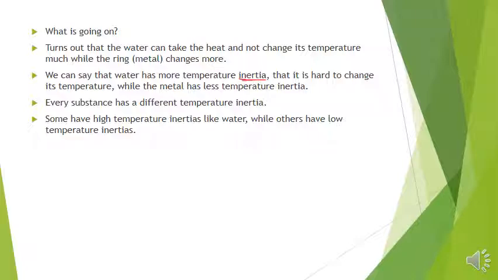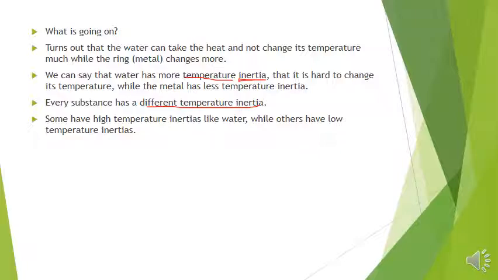Remember, inertia means inability to move. So water has the inability to change its temperature. It's just a quality that it has. It's harder to change its temperature, while the metal has a smaller temperature inertia. Every substance has its own specific temperature inertia.